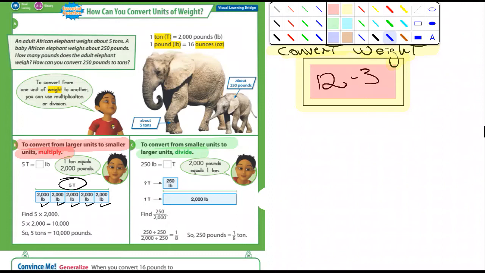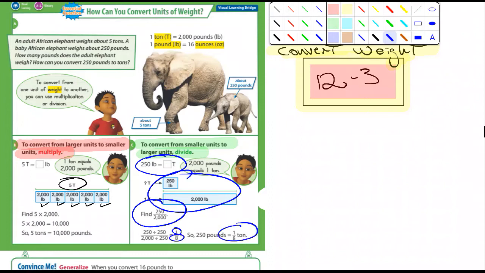So if you wanted to convert 250 pounds to tons, you would divide 250 by 2,000. They've set it up here for you. And 250 goes into itself once, and then it goes into 2,000 8 times, and so that would turn into 1/8.